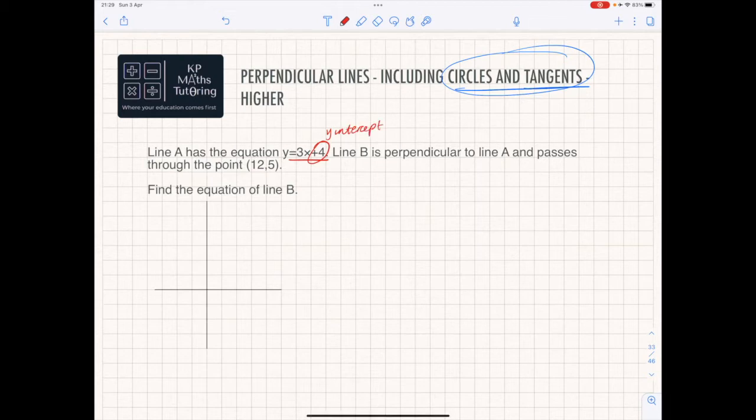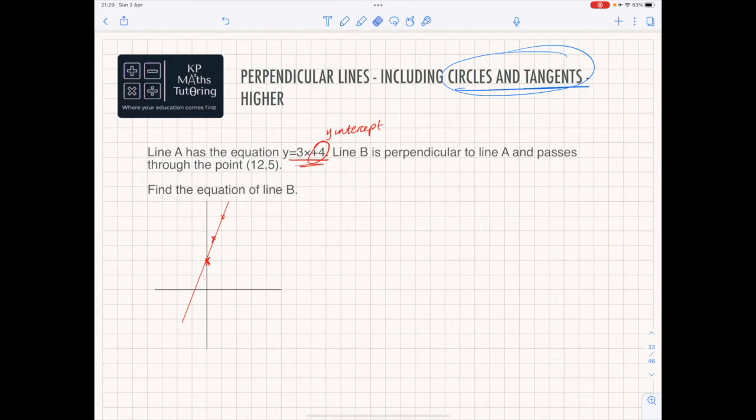Let's say it would be roughly there if each one of these squares had a value of 2, so 2, 4, 6, 8, 10, and a gradient of 3 means I'd go across 1 and up 3, across 1 and up 3. So this line would look something like this, okay? So this would be that line there.